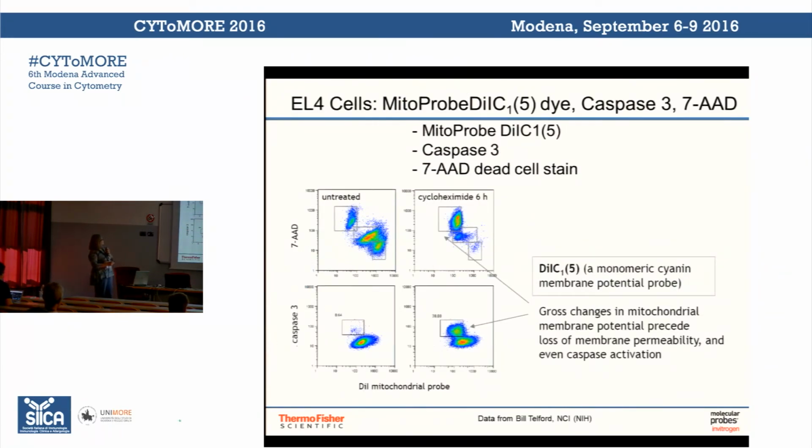So this is using DiIC1(5) with a caspase 3 and a dead cell stain, and you can start looking at untreated versus treated, and look at the changes in mitochondrial membrane potential. Here we see that they precede the membrane permeability and even caspase activation.